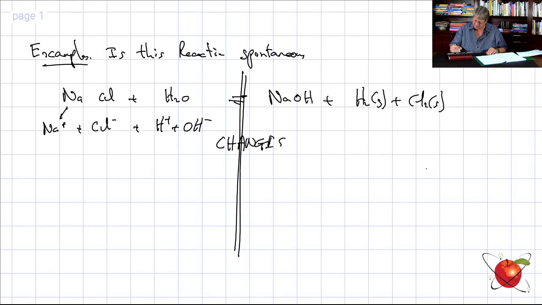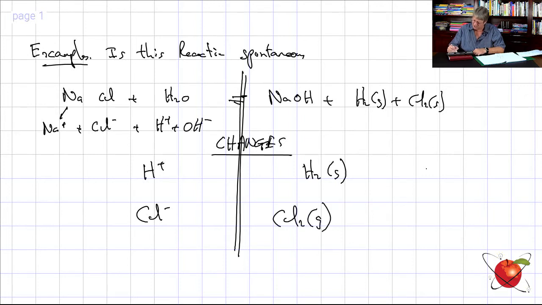Remember, I said go back to basics. We are asking H plus to change to H2 gas. We're asking Cl minus to change to Cl2 gas. These are our products. These are the reactants.